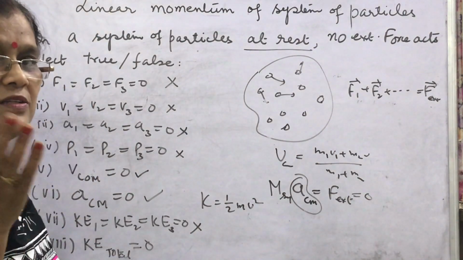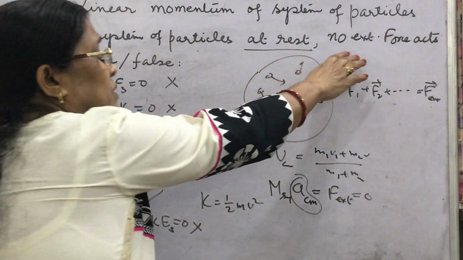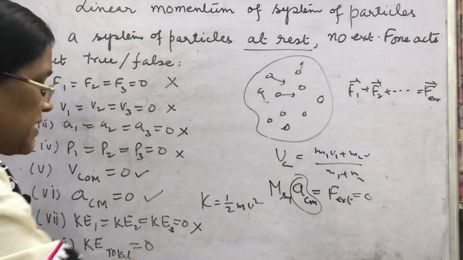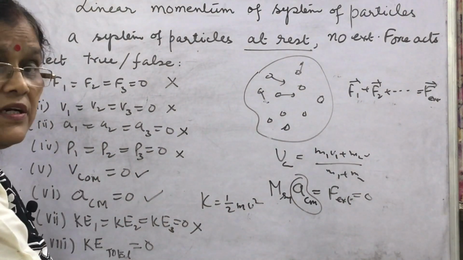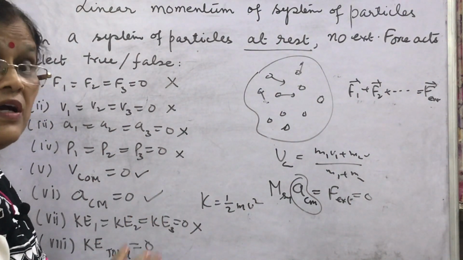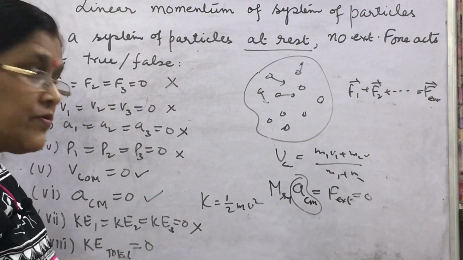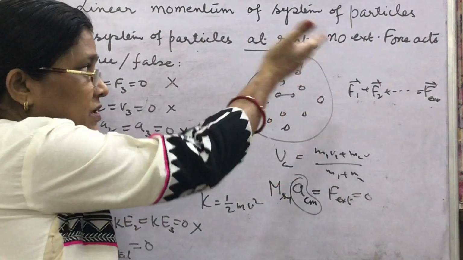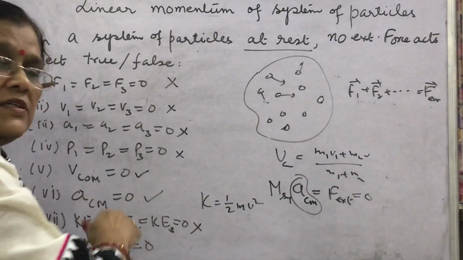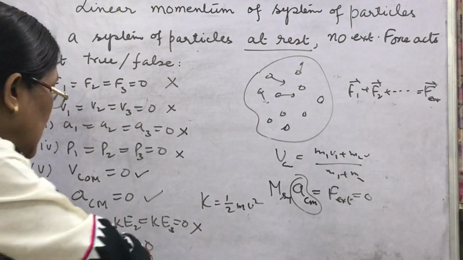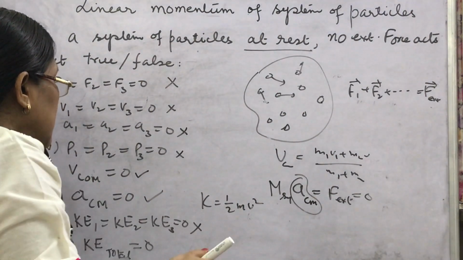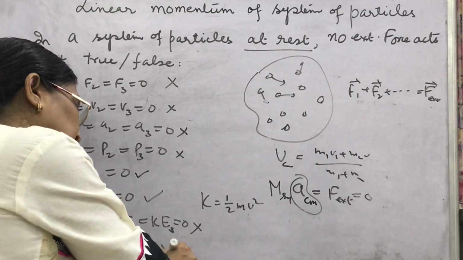You may think that there is no external force, but the total kinetic energy is not 0. Kinetic energy has some value. From where does it come? Force is not acting. Then how is kinetic energy not 0? This is not true. How can you say?